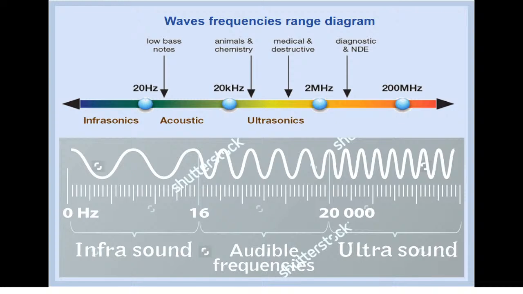The first is infrasonic mechanical waves, with frequencies of less than 20 Hertz. Acoustic mechanical waves are audible, meaning they might be heard by human ears, with frequencies within the 20 Hertz to 20 kilohertz range.